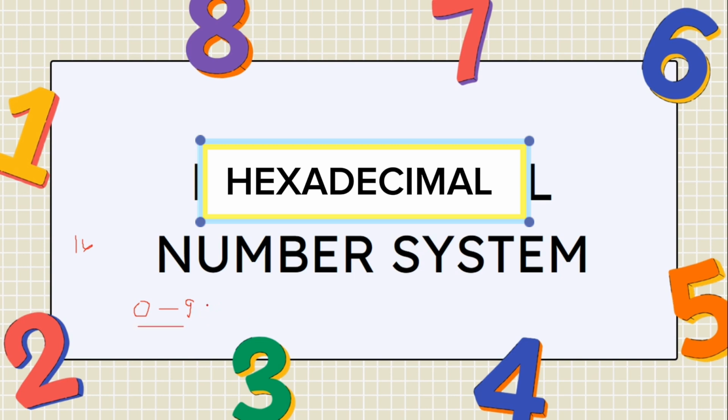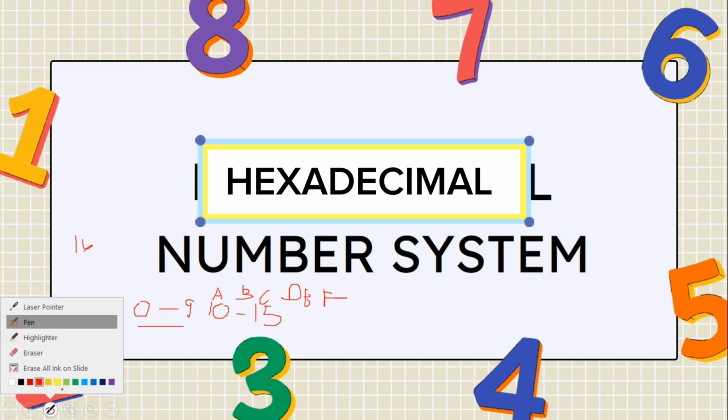But since it is base 16, it needs to reach 16 symbols, so the remaining ones are 10 up to 15, because 0 is also part of the 16. Instead of ignoring 10 to 15, we replace them with letters: 10 is replaced by A, 11 by B, C, D, E, and 15, the last one, is F. That is the rule in the hexadecimal number system.